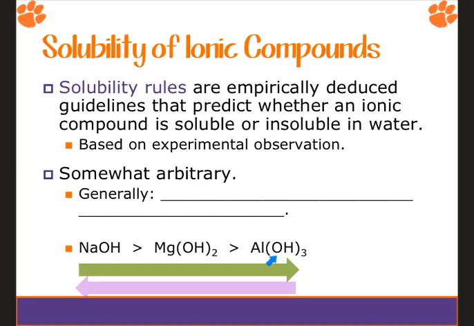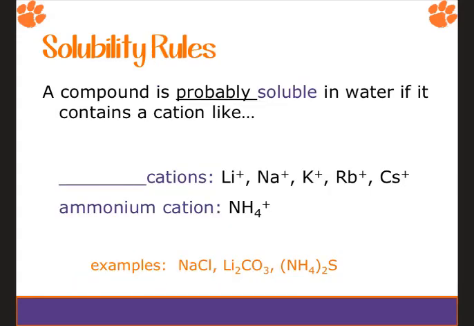The attractive forces with that +3 are really difficult to overcome, so it's going to just stick to itself and not interact really with the water. We're going to go over some generic observations the next few slides, and then we'll get down to the actual rules.